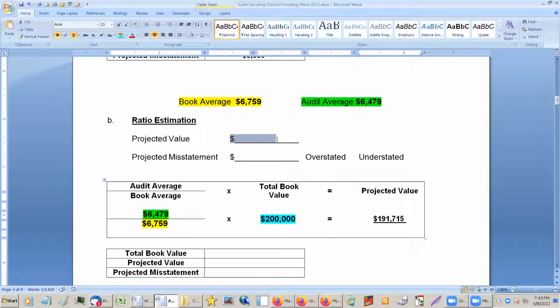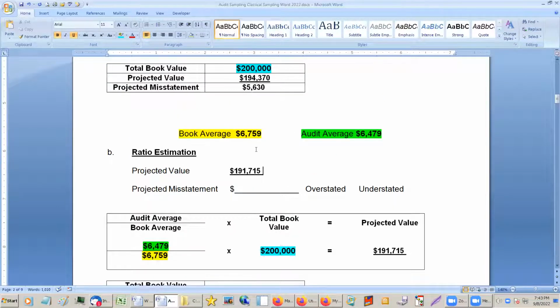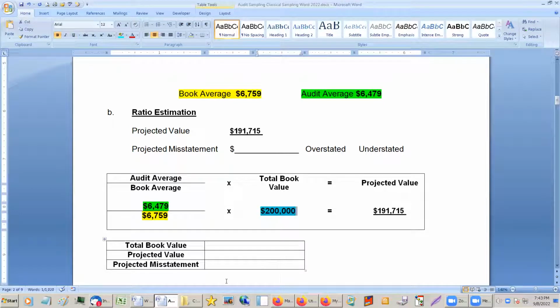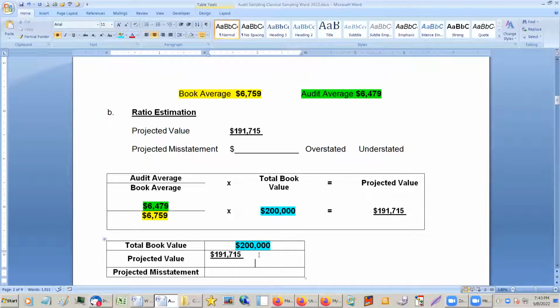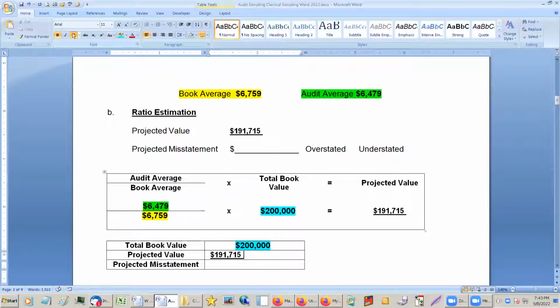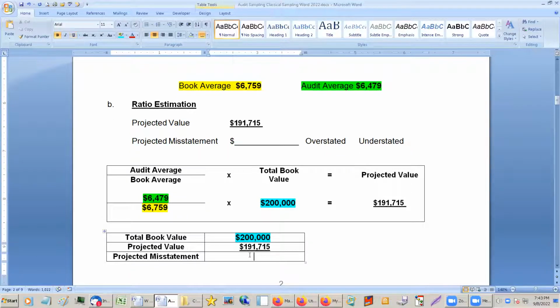So we're going to put this in as our projected value, and then the projected misstatement. So that'd be 8,285. Okay, yeah, that's the difference there.